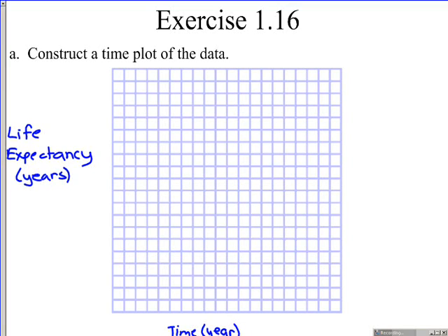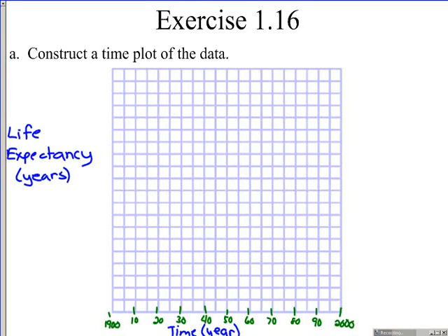Years 1900, 1910, 20, 30, 40, 50, 60, 70, 80, 90, up through the year 2000.